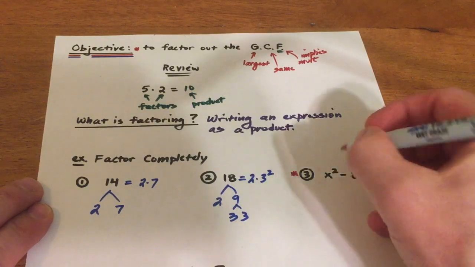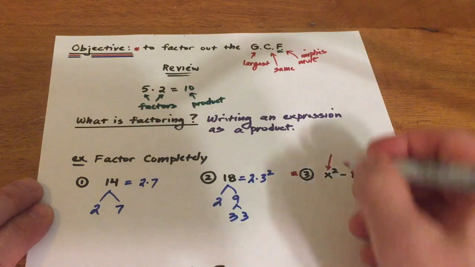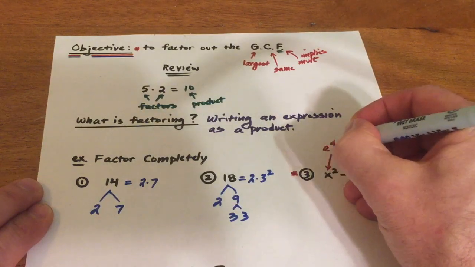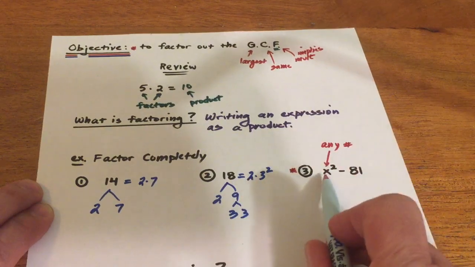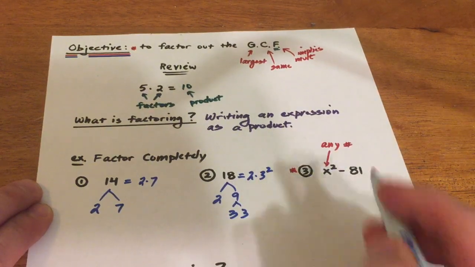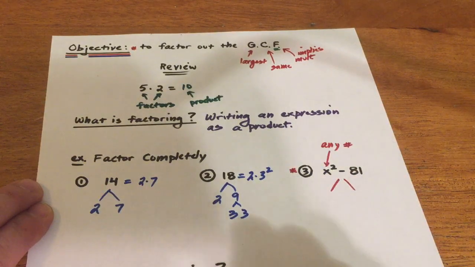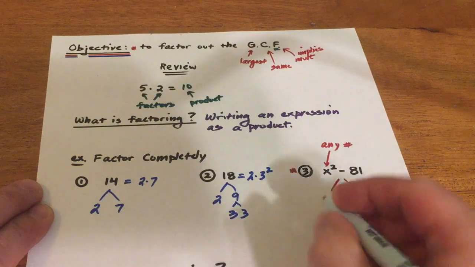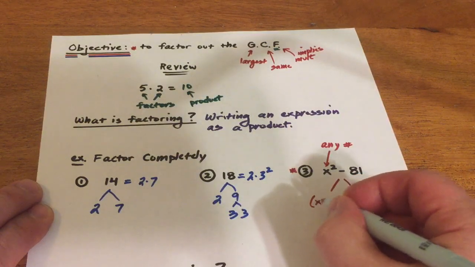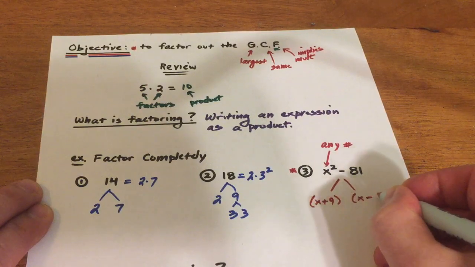With a polynomial, what number is x? Well, hopefully you said any number. X is any number you want it to be. It turns out, and we're going to go through this, not in this lesson, but in the following one, that x squared minus 81 could be written as x plus 9 times x minus 9.